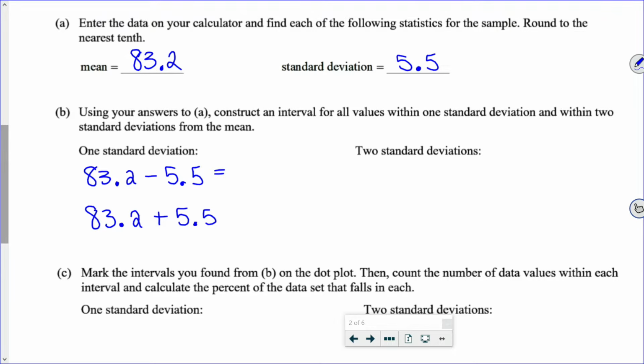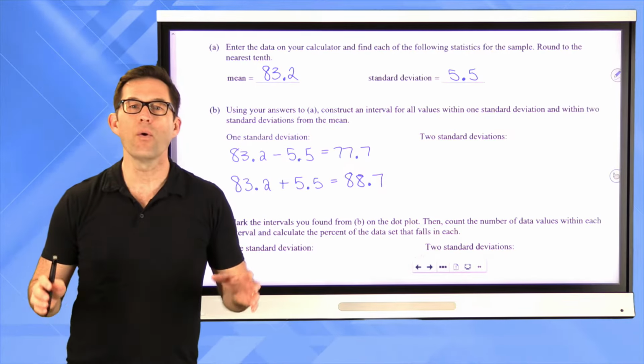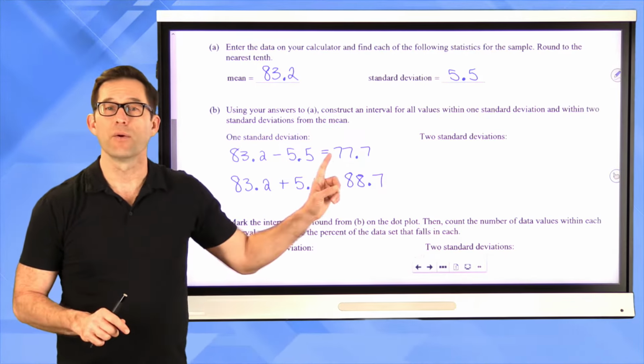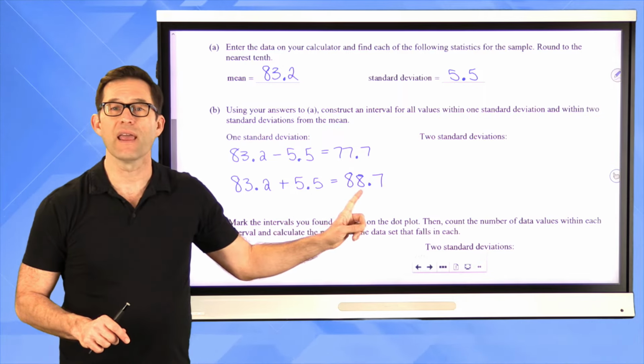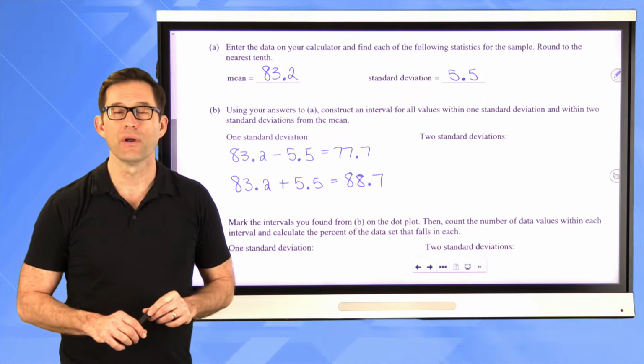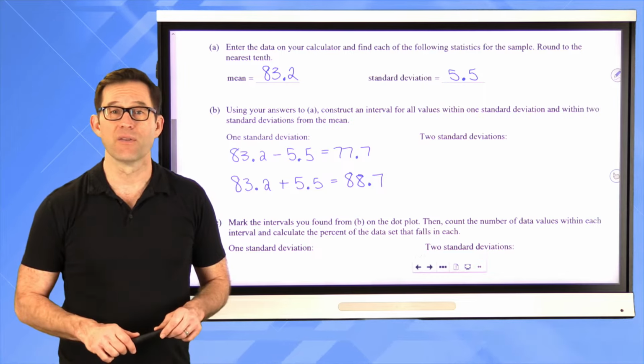What would that be? 77.7, I think. Yep, that looks right. And then when I add, that seems to always be easier for me. That's 88.7. All right. So every single one of the data points that are between 77.7 and 88.7 are closer than 1 standard deviation to the mean.